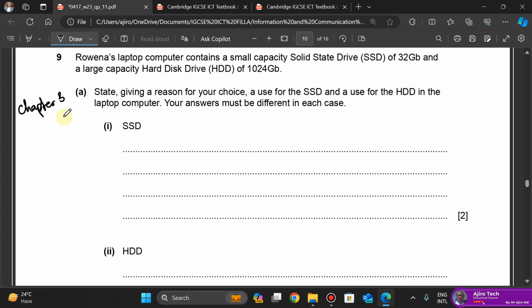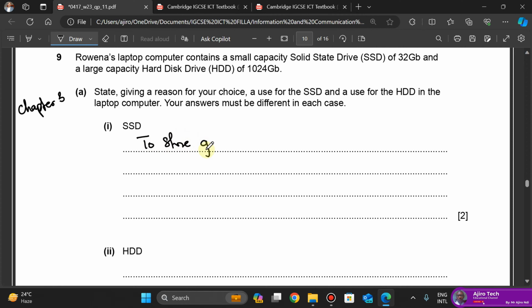Okay, so for this right here, a use for the SSD. For the SSD, it could be to store the operating system, or even to store games.